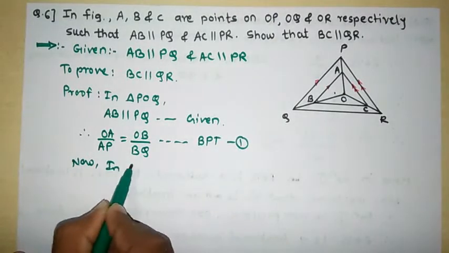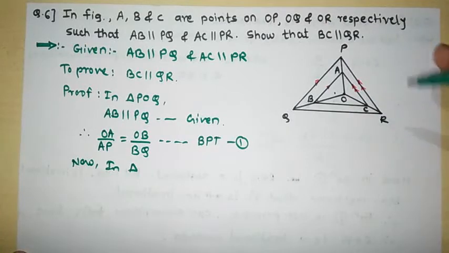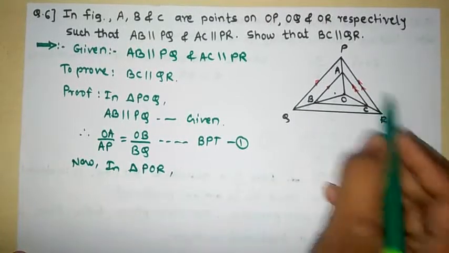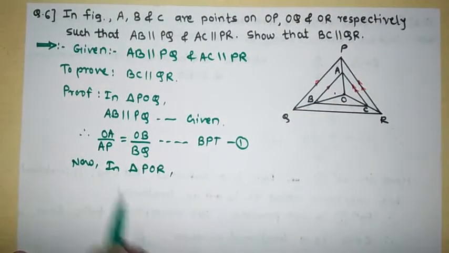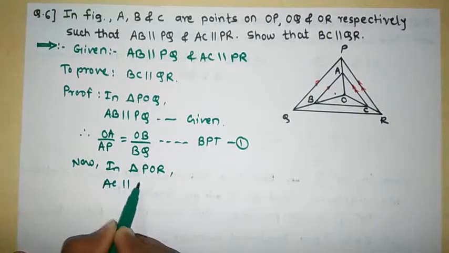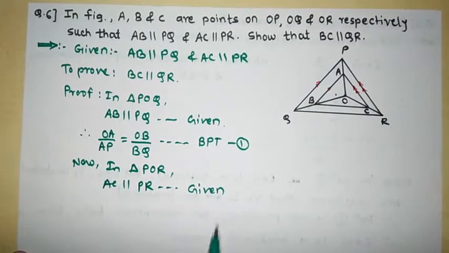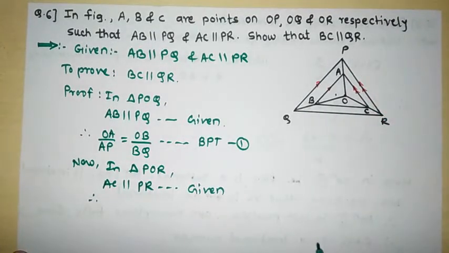Now which triangle do we have to use here? Now we have to use triangle POR. In triangle POR, AC is parallel to PR, it is given data. Then can we apply the BPT theorem again here?